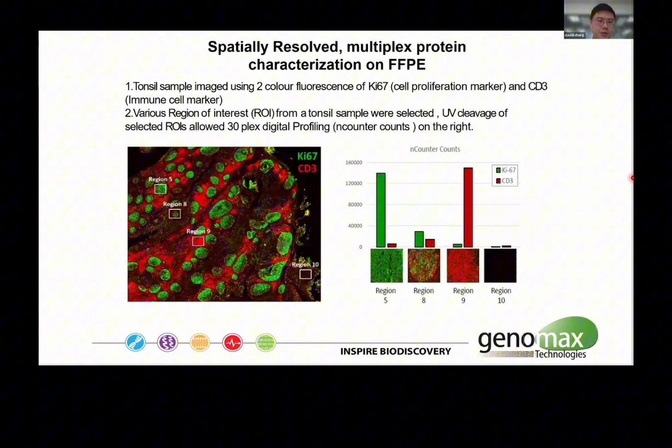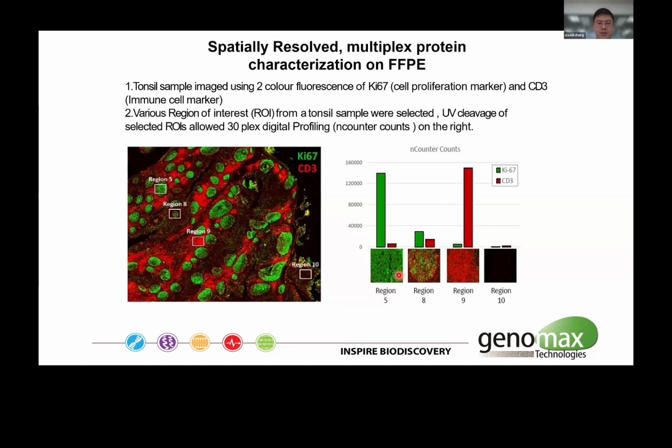Okay, here I have an example data. It's a tonsil sample stained using two different markers. One is Ki67, which is a cell proliferation marker, and the other is the CD3 immune cell marker. So here they pick 4 regions of this sample data based on the difference in the abundance of different cell types.